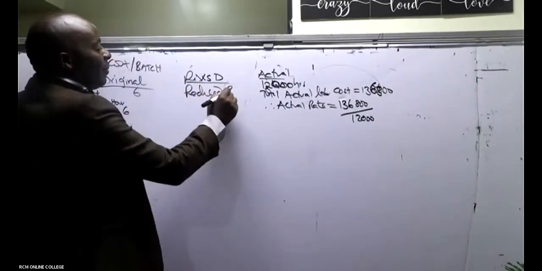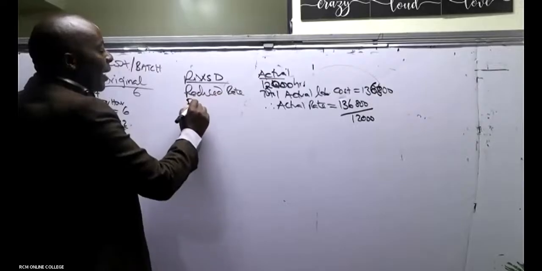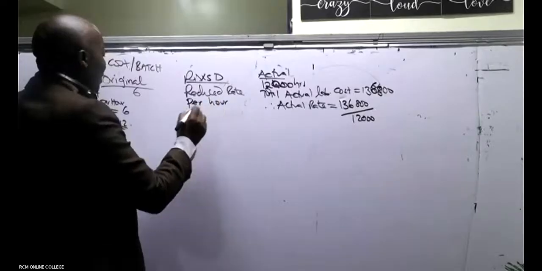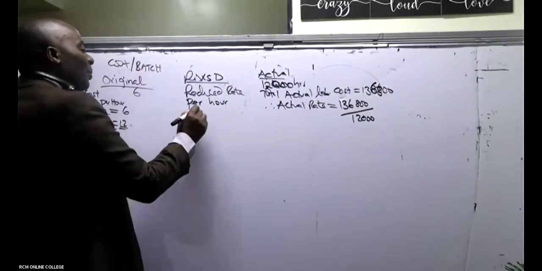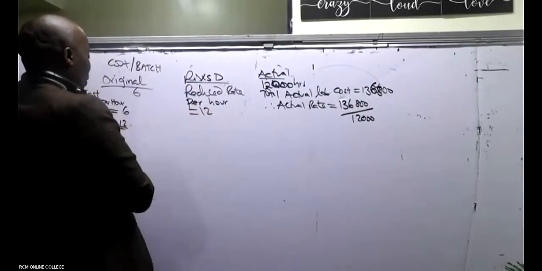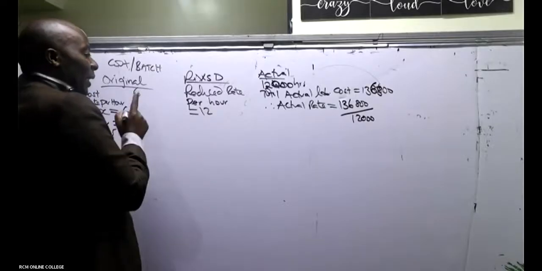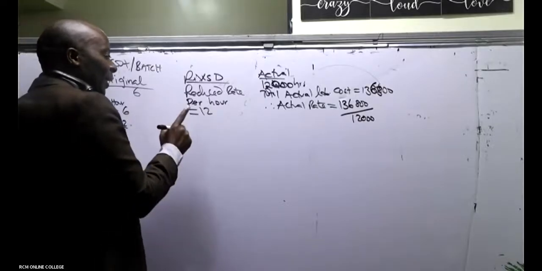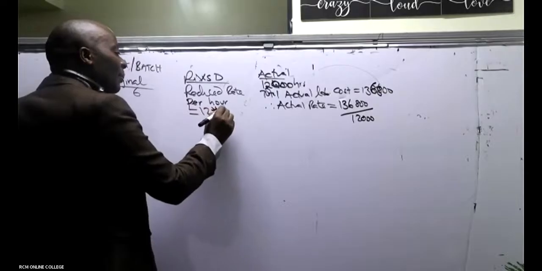So we have the reduced rate per hour. Remember we're paying them 12 per hour, and they have accepted a 5% pay cut. So it will be 12 times 95%.